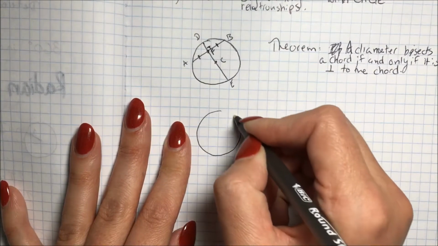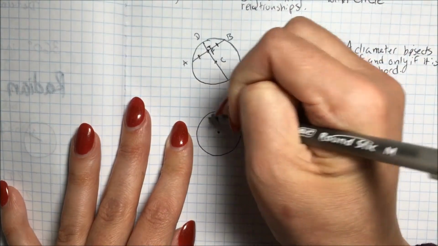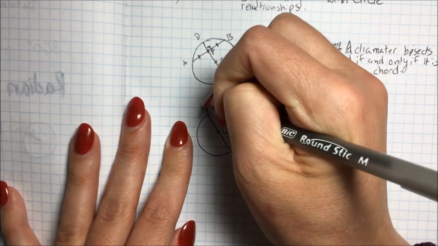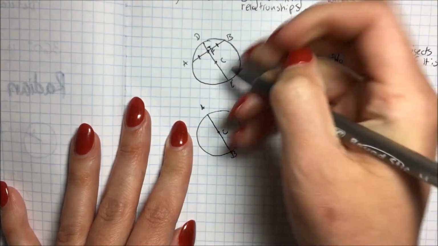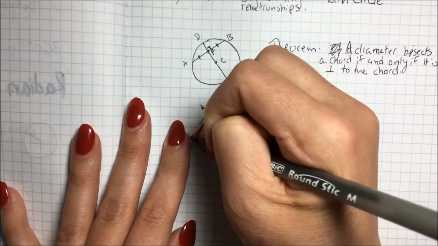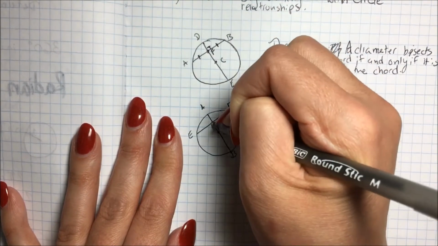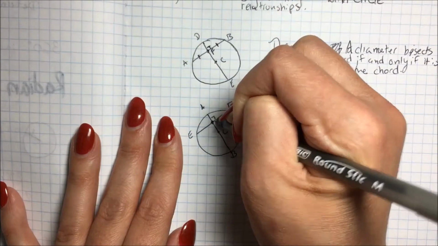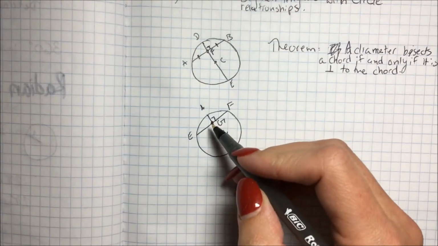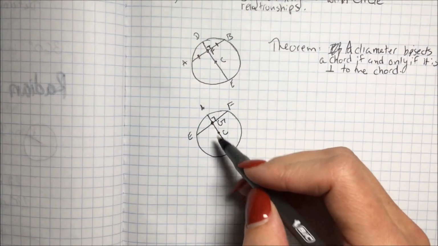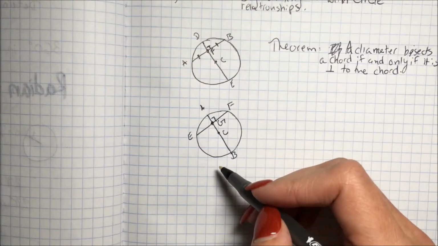Say I had a circle with center C, radius A or diameter AB, and chord EF, and they intersect at G. And I know that AGF is a right angle.